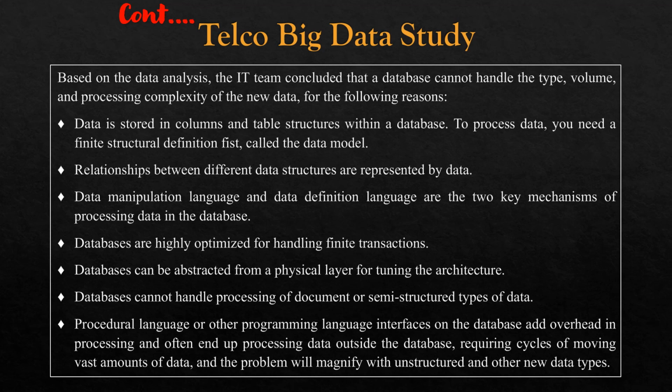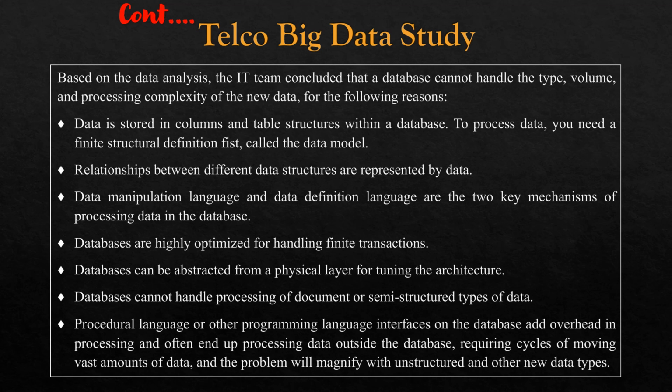Databases are highly optimized for handling finite transactions. Then databases can be abstracted from a physical layer for tuning the architecture. And then databases cannot handle data that is so big, the database cannot handle the processing of document or semi-structured types of data.